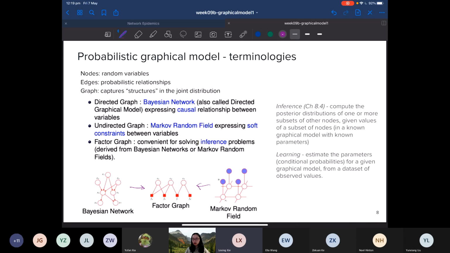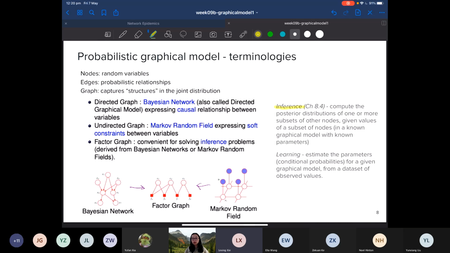And here, I think for the graphical model chapter, it's particularly important to emphasize the notion of inference and learning. In fact, inference is a fairly loaded word in and around the machine learning literature. If you read blog posts, some of them will just call training a machine learning model inference, right?